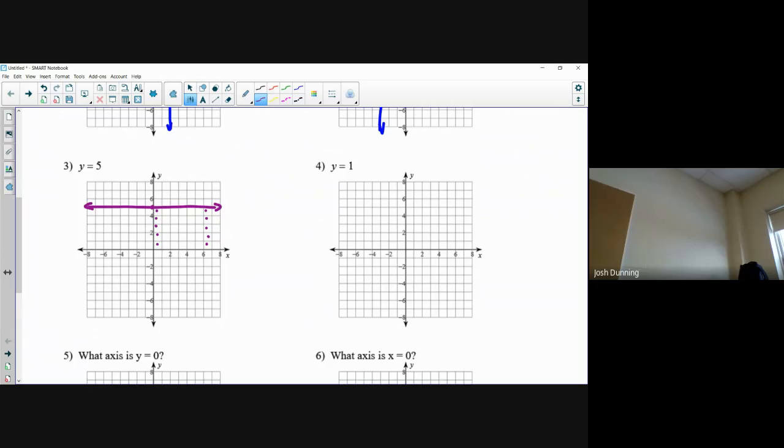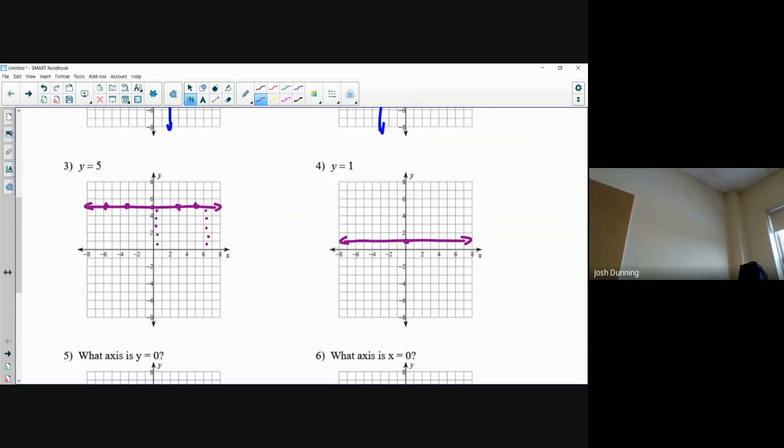Every y coordinate on every point of that line is 5. So likewise, y equals 1, horizontal line, there's 1. There's a horizontal line.